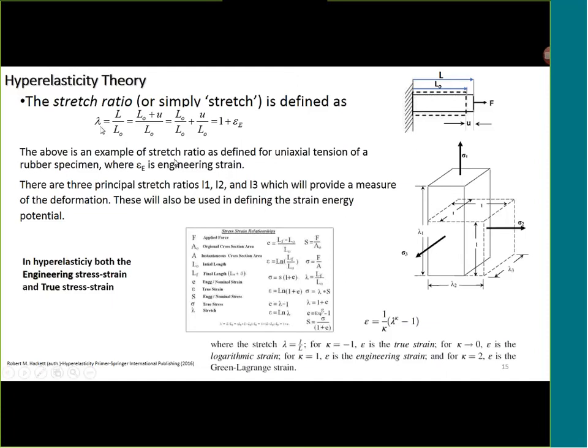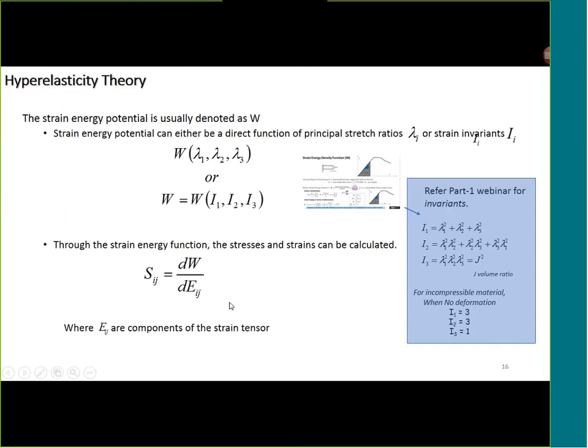So having understood that the stretch ratio is nothing but 1 plus the engineering strain, in part 1 of this presentation, we have discussed in detail something called principal stresses, principal strain and invariants. Same as principal stress and principal strain, we could write the principal stretches in all the 3 directions. Principal stretch lambda 1, lambda 2 and lambda 3 and so on.